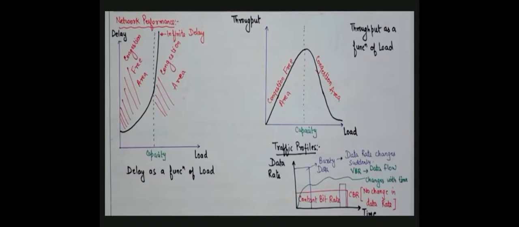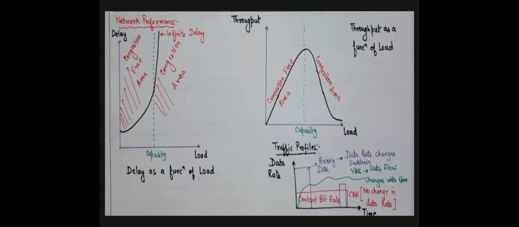So now you can see this. We are going to draw the diagram between load versus throughput. Now you can see the diagram. The graph increases exponentially up to the capacity. After that the graph decreases exponentially.